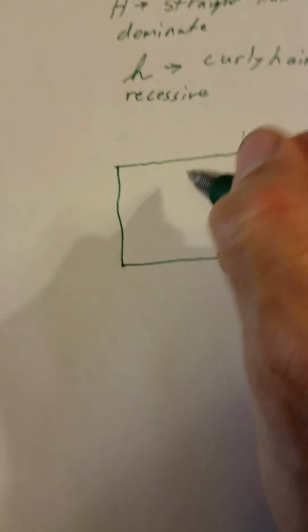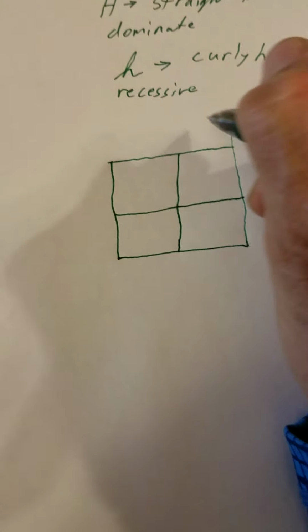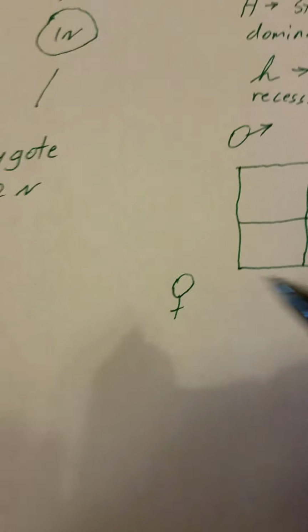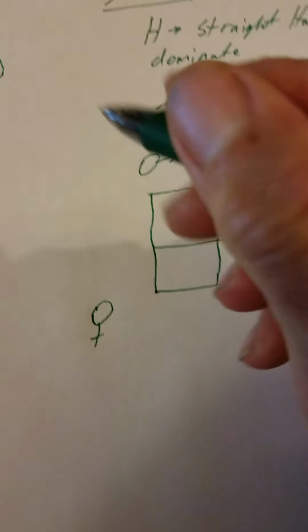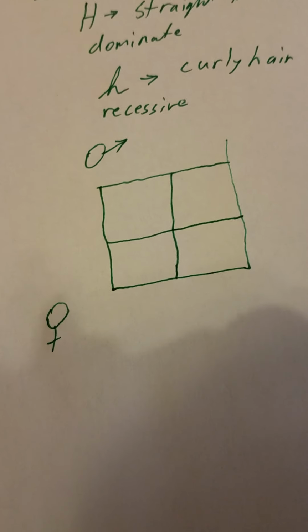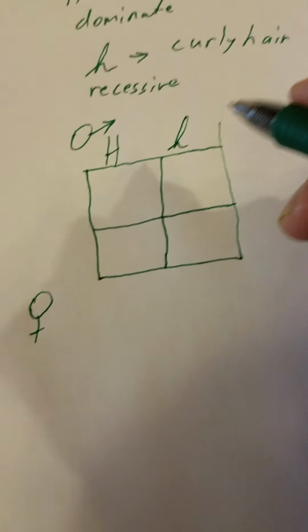Since we're only looking at one trait, we're only making 4 boxes. And we'll put whatever alleles Dad had up on the top and what alleles Mom had on the side. And so we know Dad was heterozygous. So that means he had one of each. Big H and a little h.